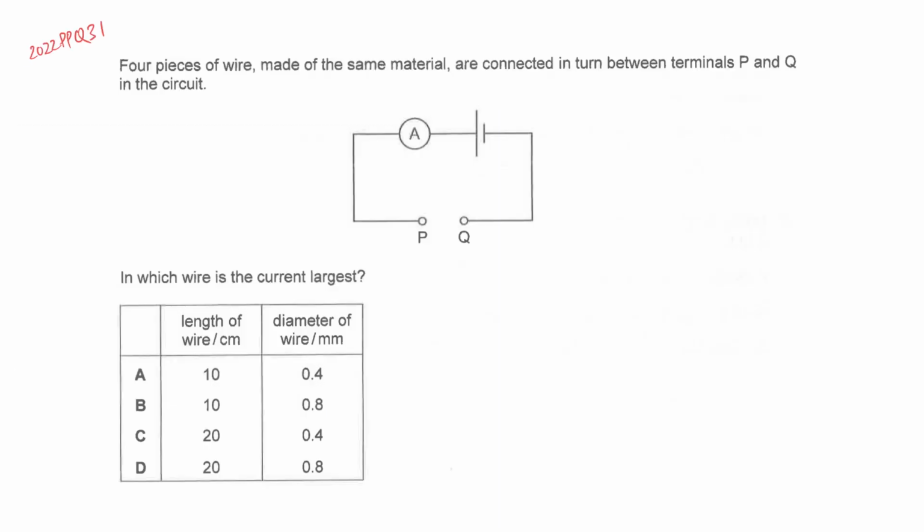In this question, you are given 4 wires, all made of the same material, connected in turns between the terminals P and Q over here. Which one will give you the largest current? First of all, you have to understand that if you want the largest current, the resistance has to be the minimum. Next, we can just use the basic concept.